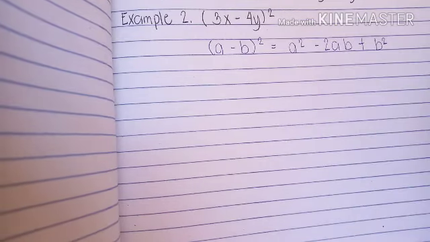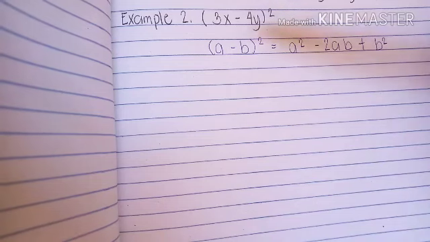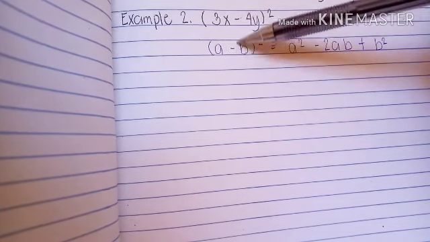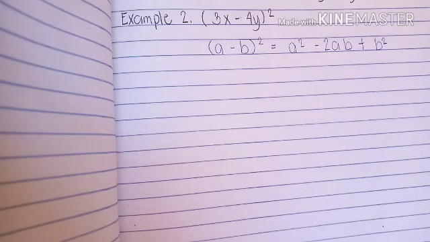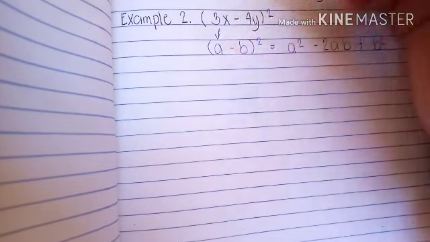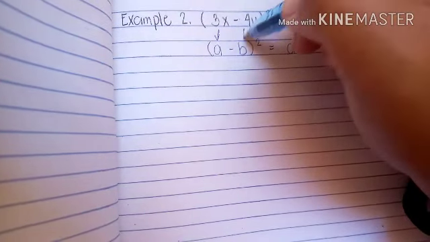Here is our example number 2. We have (3x - 4y) squared. Since this is subtraction, we're gonna use the formula wherein we have a subtraction. Just like example number 1, we're gonna use 3x as your a and 4y as your b.